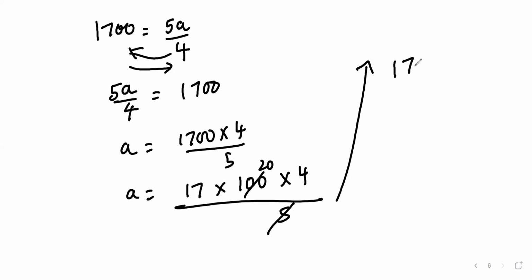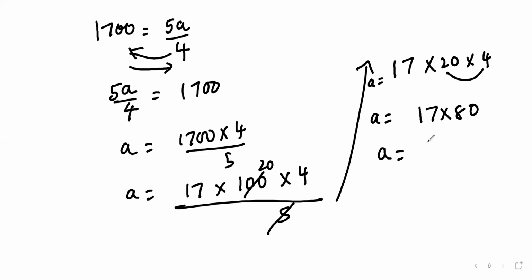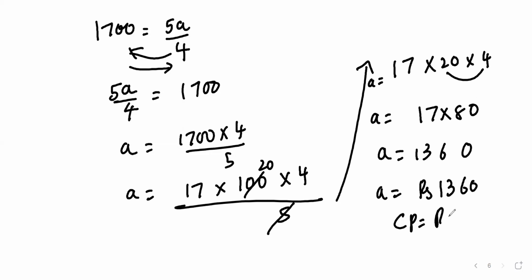So I made you write 17 into 20 into 4. Down its denominator is 1. So A is 17 into 4; 2 fours are 8. So A is what? 1,360 rupees, right? A is rupees 1,360. What is that? Cost price. So cost price is rupees 1,360 we have got here.